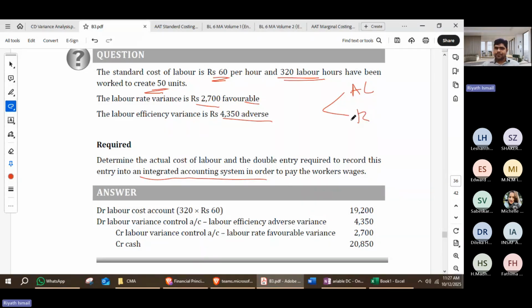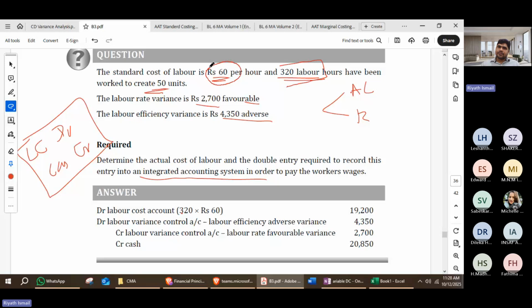But now they are using the integrated account. Normally, labor cost account debit and cash account credit. This is the normal practice in financial accounting. But since we are using integrated cost accounting, first they have to record the labor cost at standard.